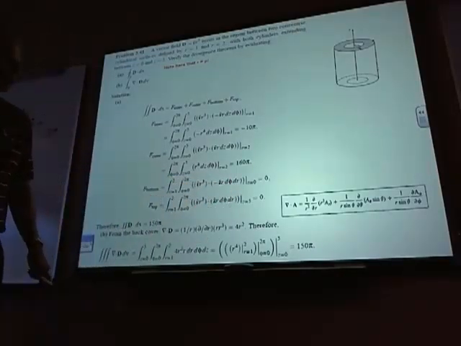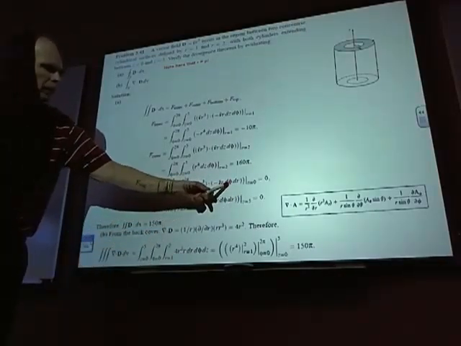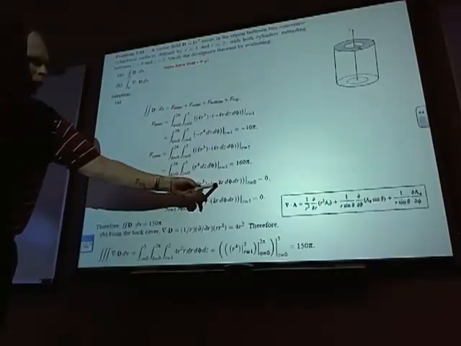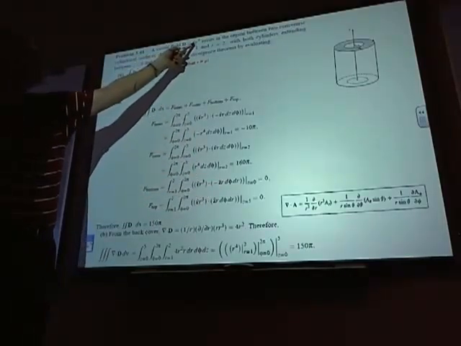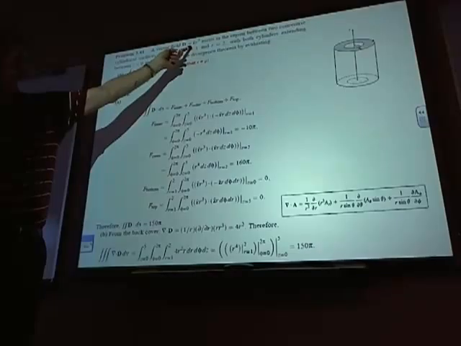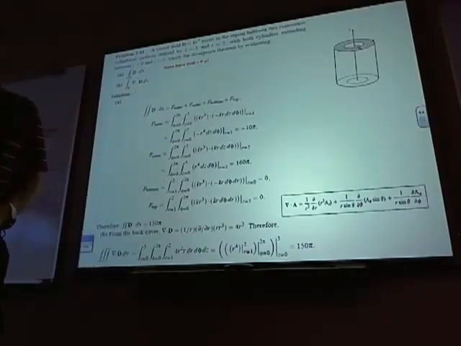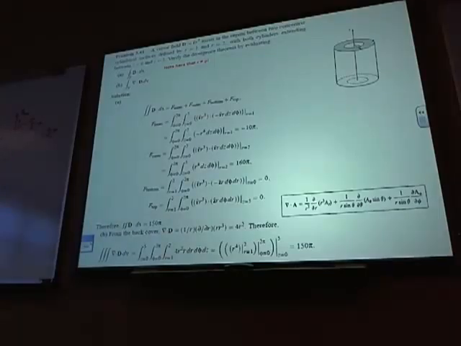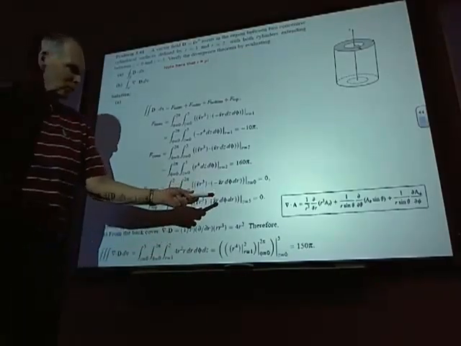The only problem is when I dot this, it's going to be in the a sub z direction, and I'm dotting it with something going in the rho or r direction. If you dot something going in the rho direction with something going in the z direction, and those are the only two components you have, what do you get? 0. No component. Isn't that wonderful?